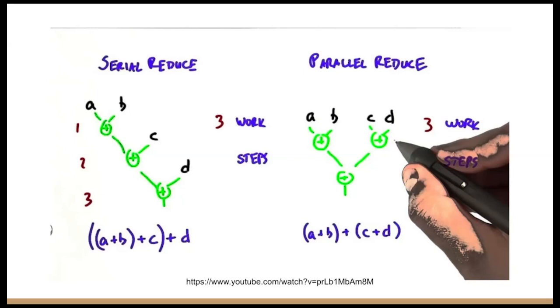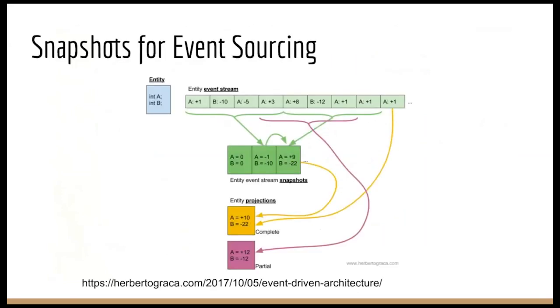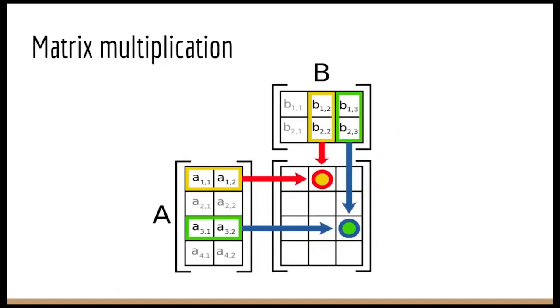So this way we can get logarithmic performance instead of linear, as long as we have enough computational resources. We can also use them to snapshot our data in event sourcing architecture, which is super useful for both reliability and performance.